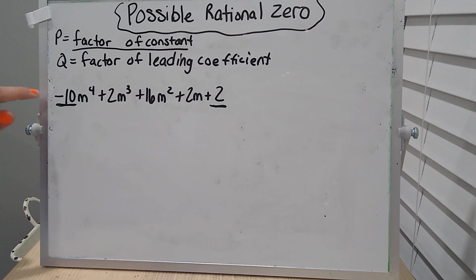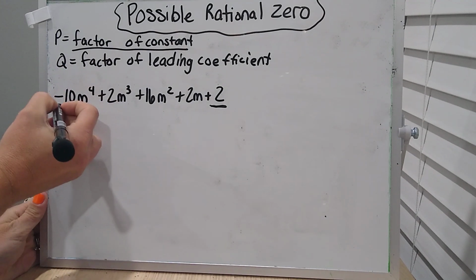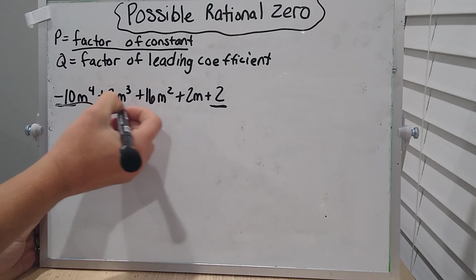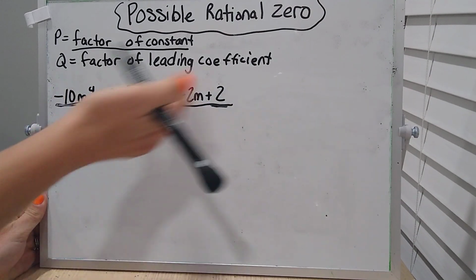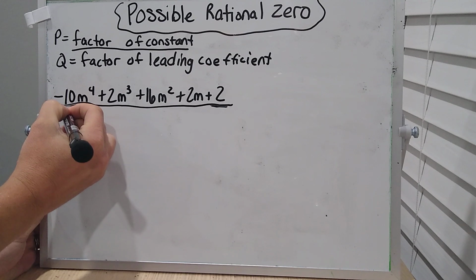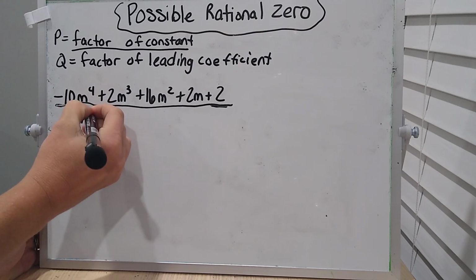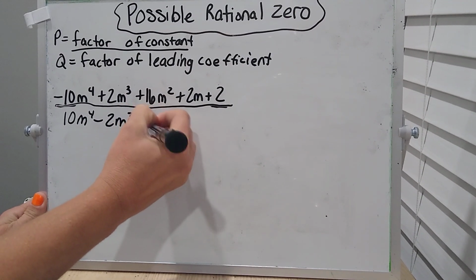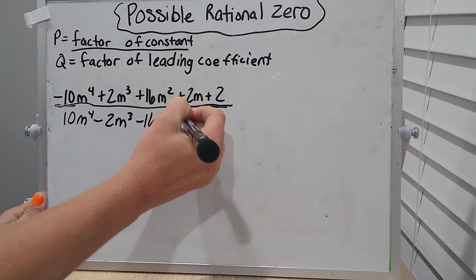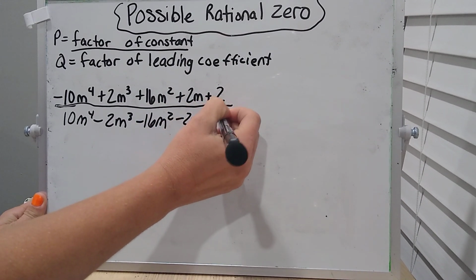Now we don't really want a negative in that leading coefficient technically, so ideally you would divide that out. Everything would be divided by that -1, which just means every sign would change. So I'll bring it down. So 10m to the 4th minus 2m cubed minus 16m squared minus 2m minus 2.